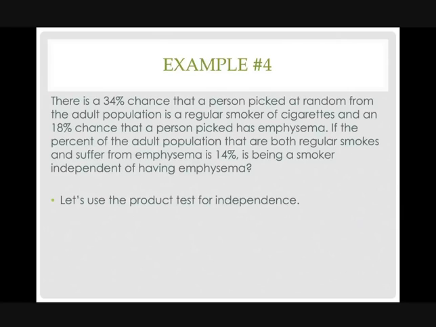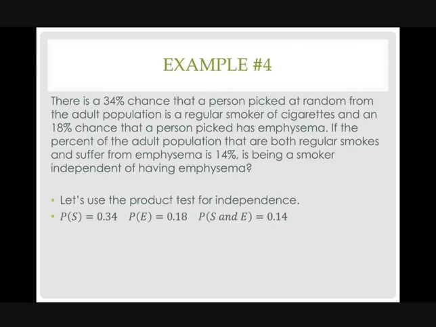Well, let's do the product test for independence. So the probability of being a smoker is 34%, while the probability of having emphysema is 18%. However, the probability of being a smoker and having emphysema is 14%.